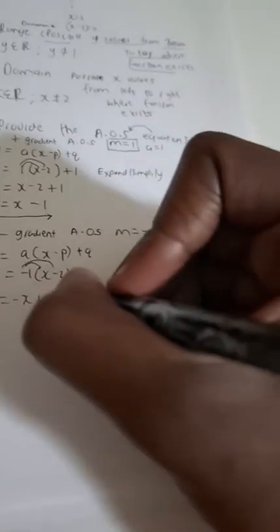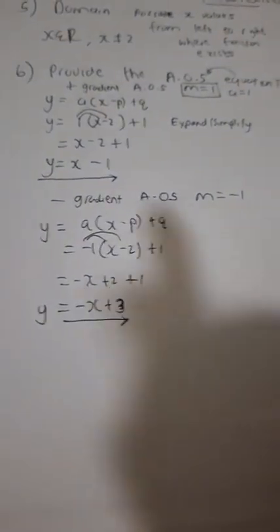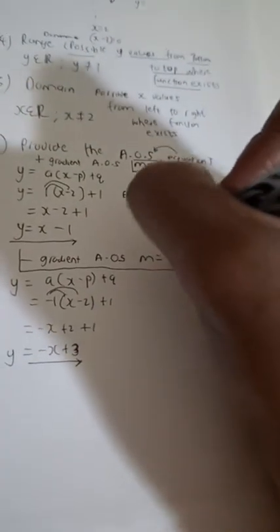Okay? And then all you do is you distribute. You get -x plus 2, -x plus 2 this time round, -x plus 2 plus 1, and then finally the answer is -x plus 3. So this, guys, is the equation of the axis of symmetry, the one that has a negative gradient.